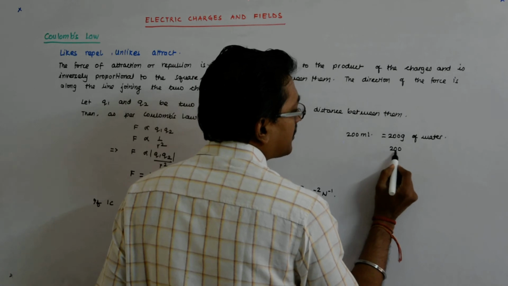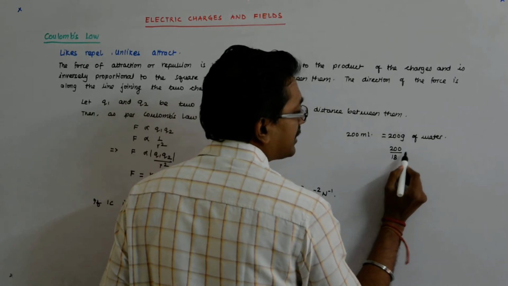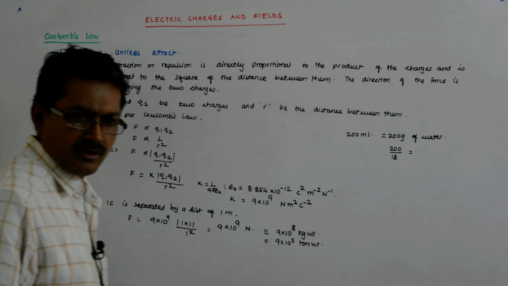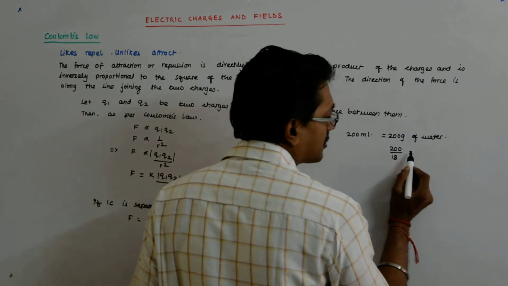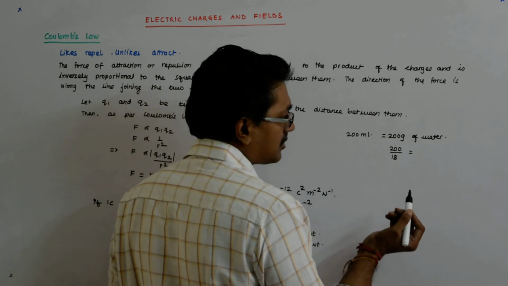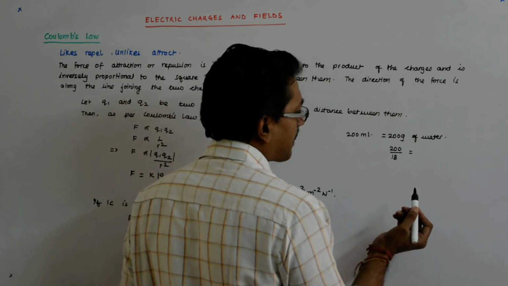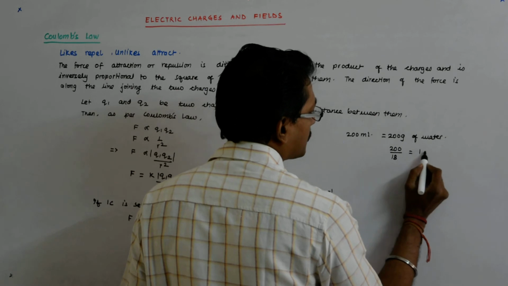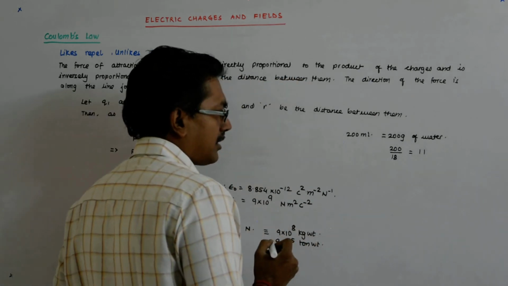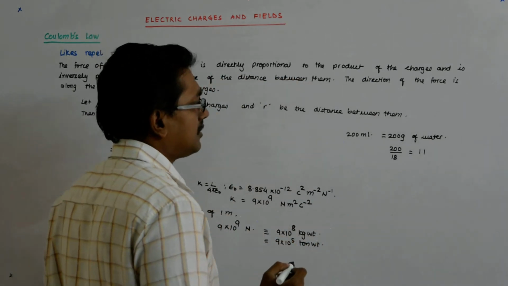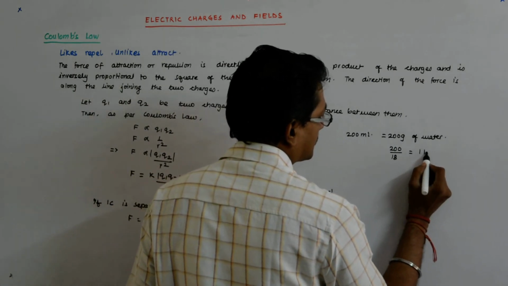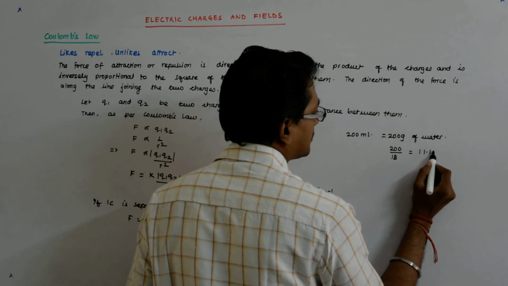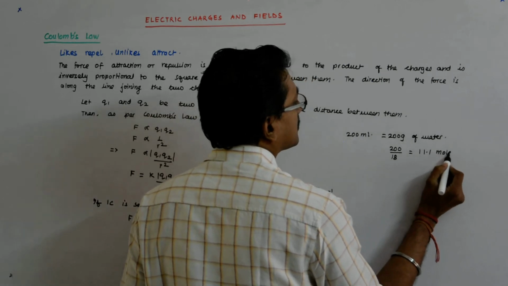So it is 200 upon 18, no? The molar mass of water is 18. 200 upon 18 is how much? 11.1 mole.